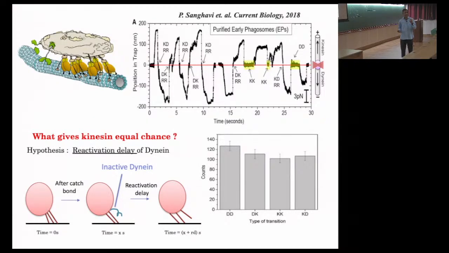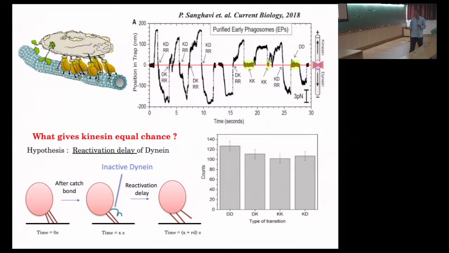Because you were under this high load, you have changed your conformation, in what way we don't know exactly. You have gone into a funny off pathway state and you need some time to recover from that state. And during that time, you cannot rebind the microtubule. And this may be happening to more than one dynein. We have done some simulations, and we are trying to address this experimentally also, which Dvitiya will talk about.